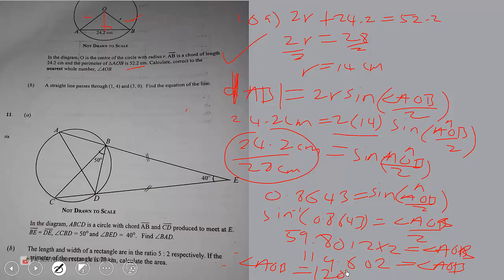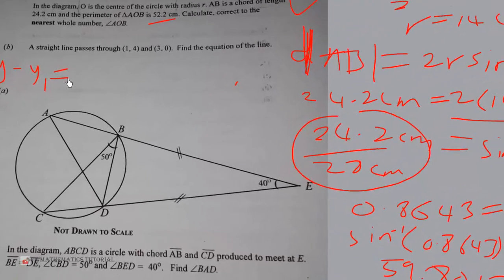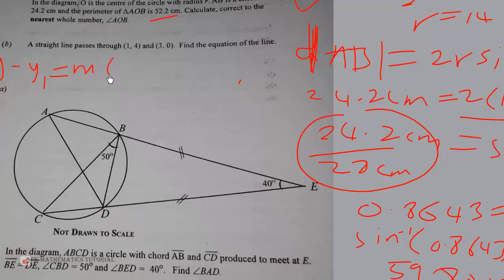Find the equation of the line. So, to find the equation of the line, we use this formula: y minus y1 is equal to m into bracket x minus x1. So the m is the gradient, which is given by y2 minus y1 over x2 minus x1.